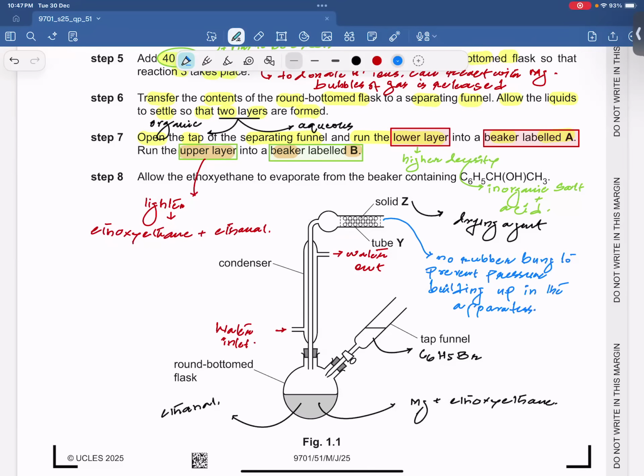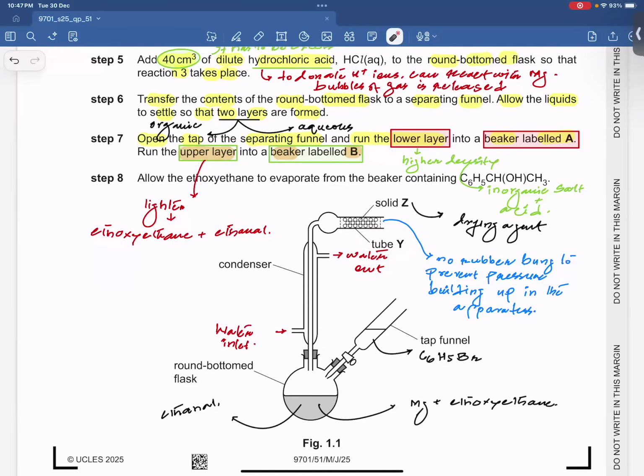And also, this open tube is used to maintain the airflow. All right. I mean to say, allow air to enter or exit the system. Okay. This tube Y is also called a drying tube or guard tube.